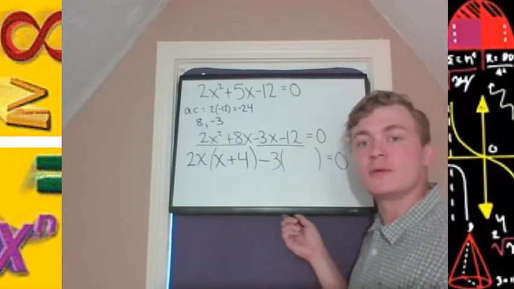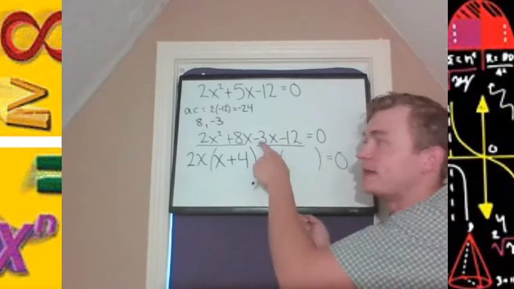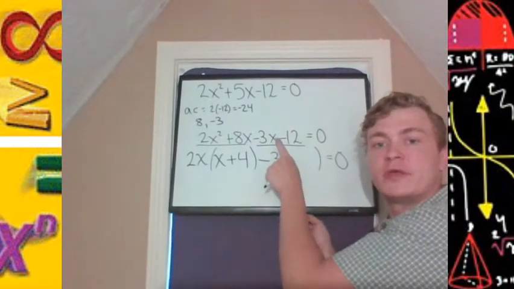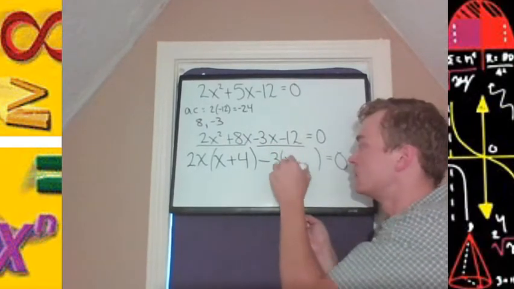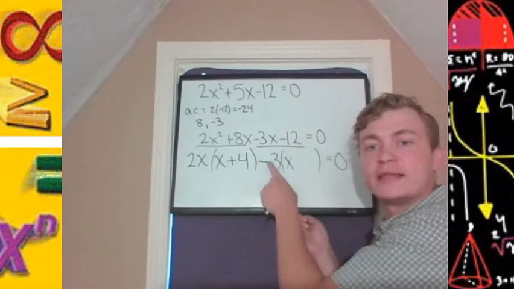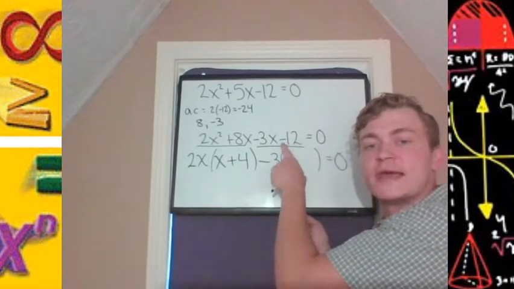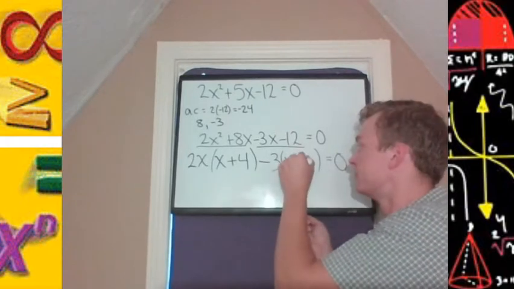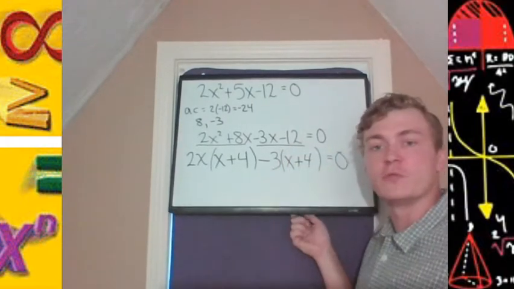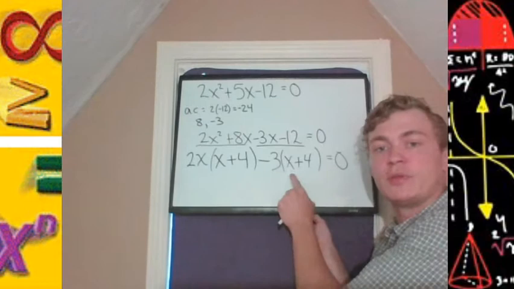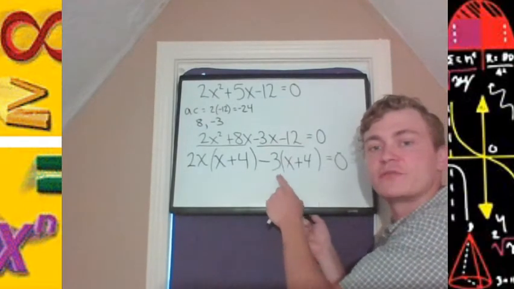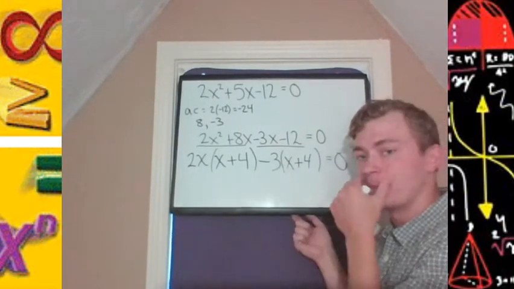Introduce parentheses to determine what you have left behind. Well, if I take this negative 3 and move it out front, I'm only going to leave behind that x. If I have a negative 12, but I take out a negative 3, negative 12 divided by negative 3 is positive 4. We, of course, can confirm this. Negative 3 multiplied by x is negative 3x. Negative 3 multiplied by positive 4 is negative 12.